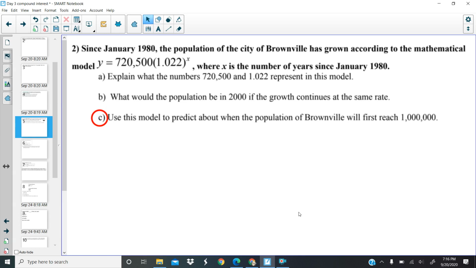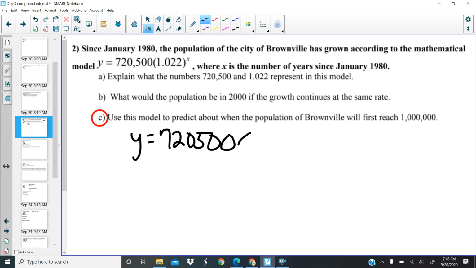number. So in that case, if you have your original equation, y equals 720,500 times 1.022 to the x, then whenever it says a million, that's not going to be our time.